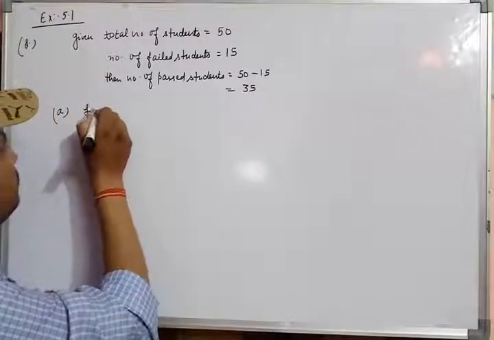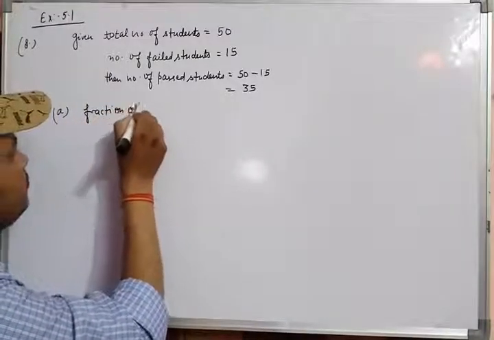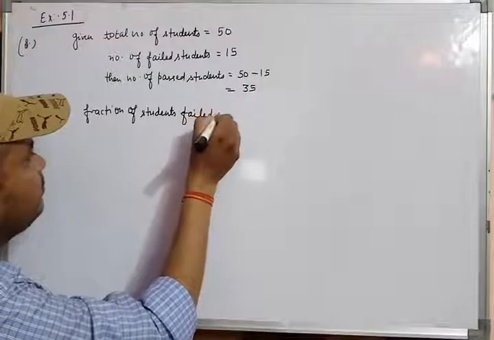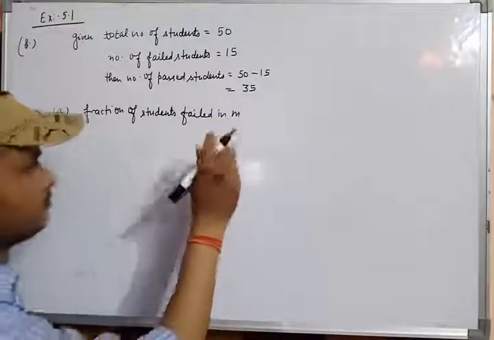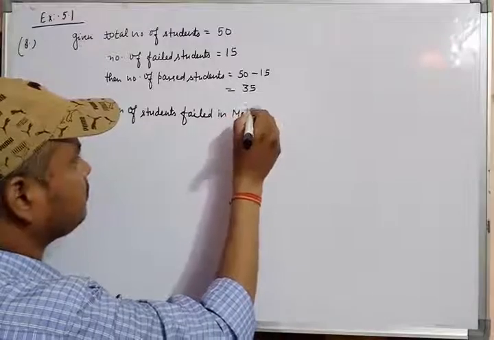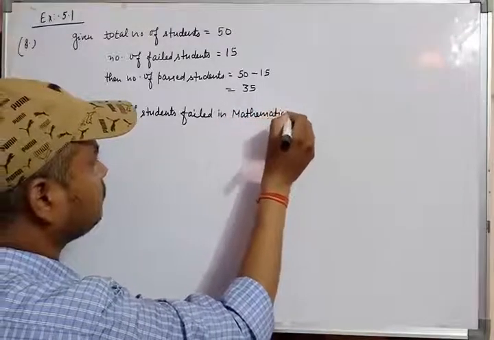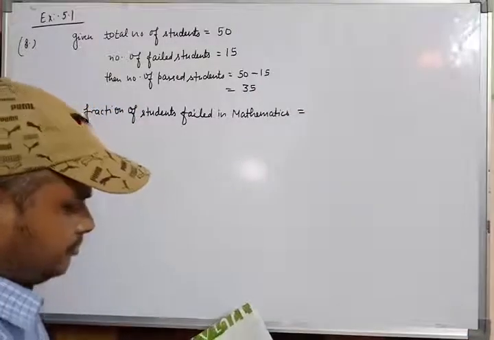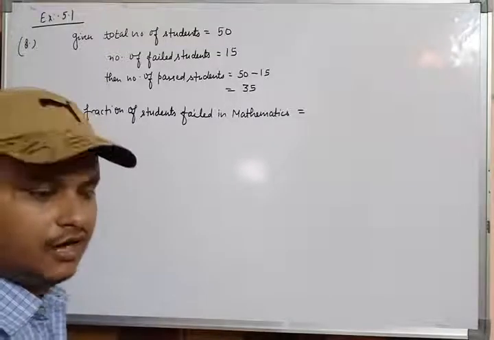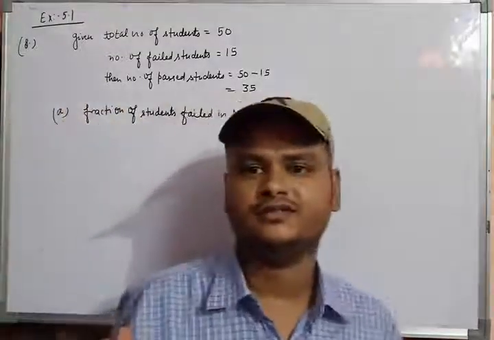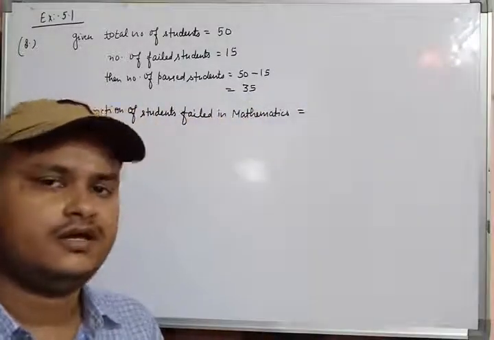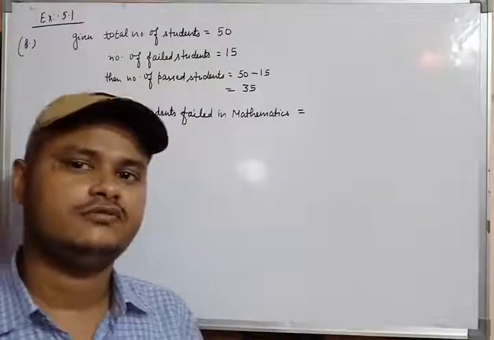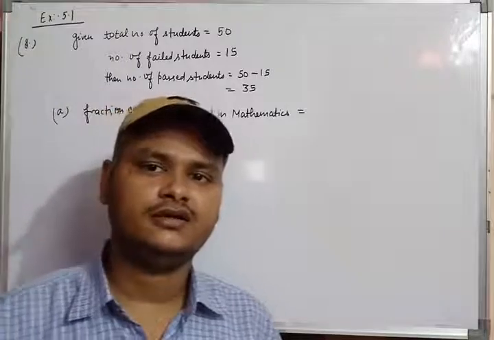You all know how we express a fraction: a upon b, where a is called the numerator and b is called the denominator.